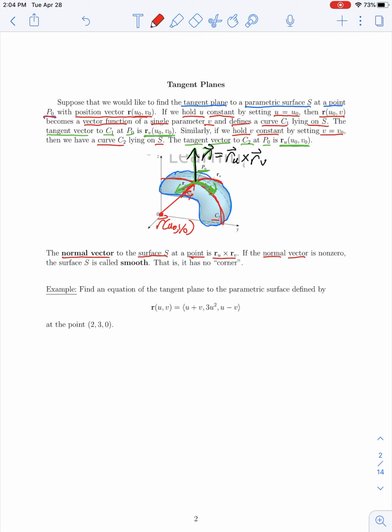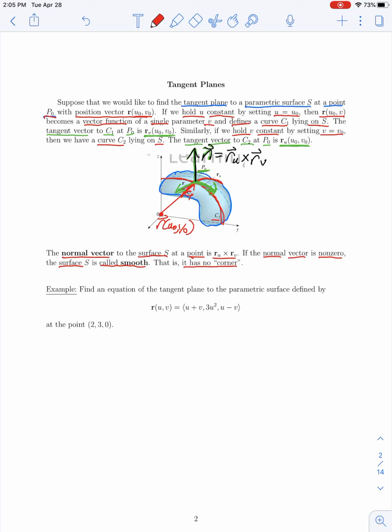In the event that the normal vector is a non-zero vector, then our surface S is said to be smooth at that point. That is, our surface has no corner. We could think about a corner as maybe the tip of a pyramid or a cone. So as long as we don't have any points on our surface where we have a zero normal vector, that surface is said to be smooth.